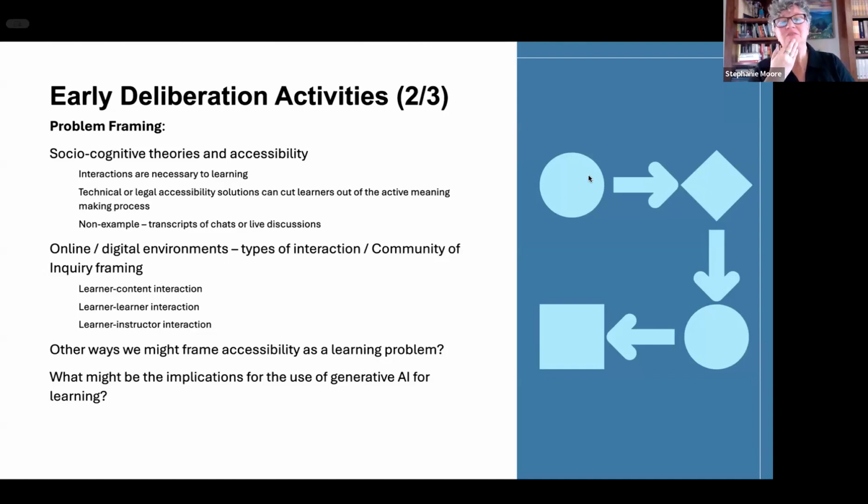And then when I moved to the University of Virginia, my primary task there was to develop online programs. But one of the reasons that they selected me and wanted to bring me there was because of my work on accessibility. That was lovely, but institutionally, bureaucratically, they were really not ready to talk about accessibility. They didn't have infrastructure.